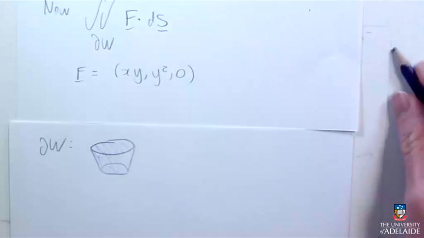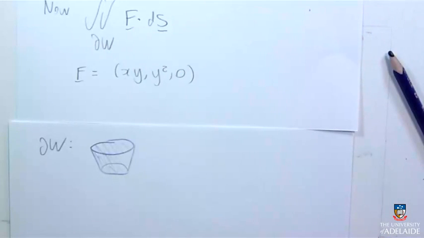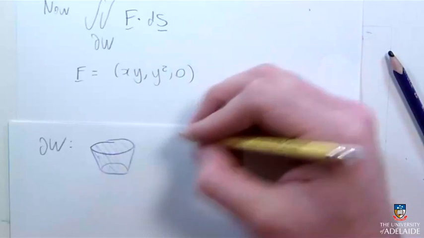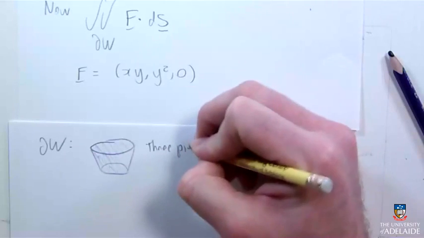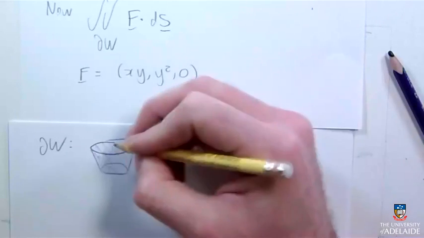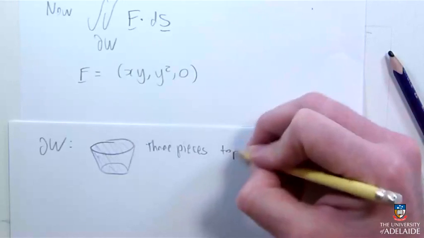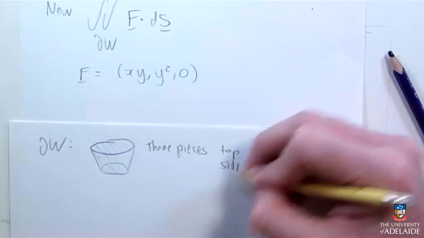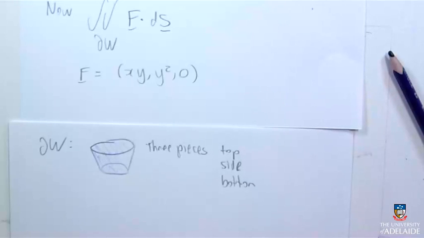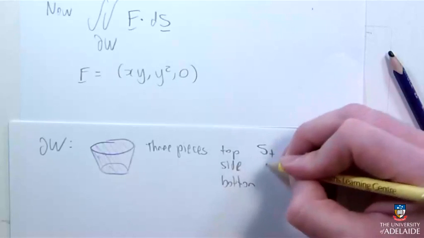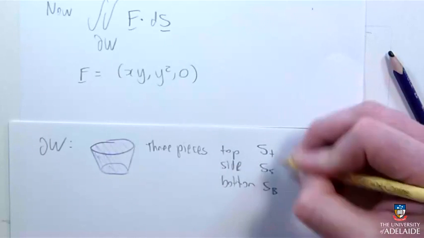Okay. So it's the outside of this. It's the edge, the boundary. So it's 3 pieces, which I am going to call top, the side, and the bottom. I should give them names: ST, SS, and SB.